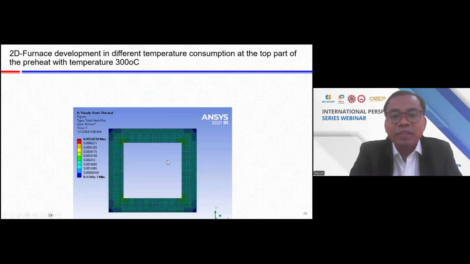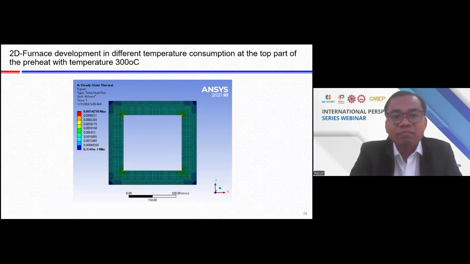Another one is to find the heat flux, the total heat flux, and how it works.